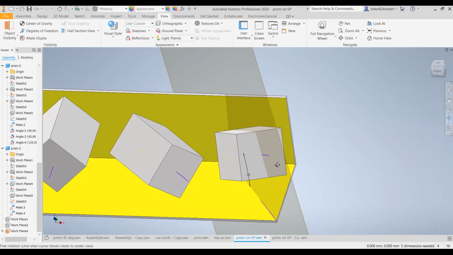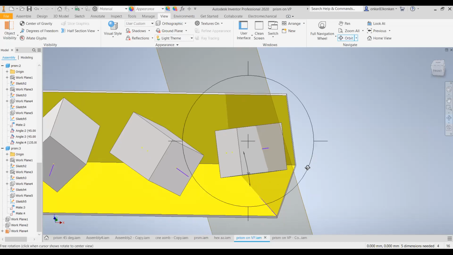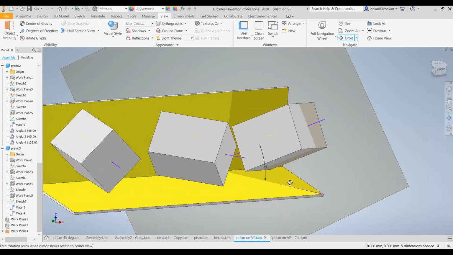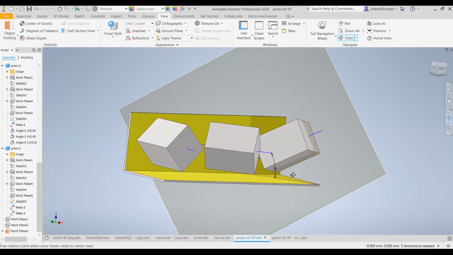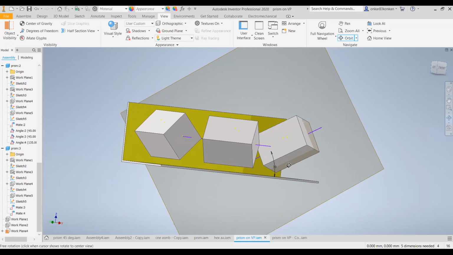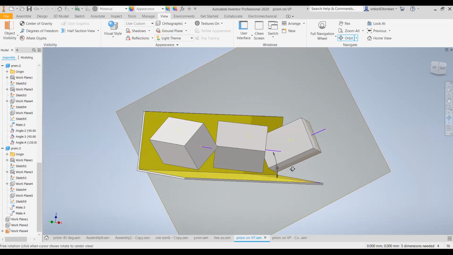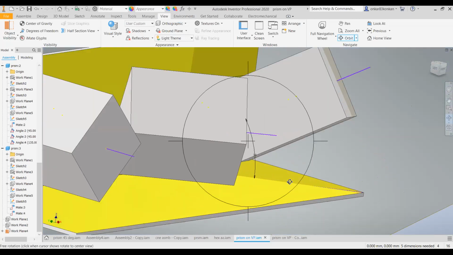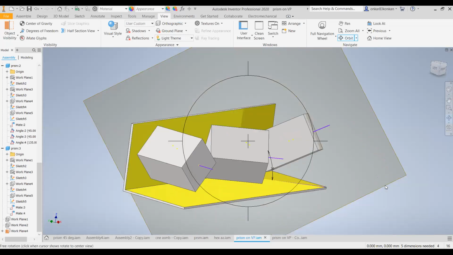So this is the direction for observation, if you want to observe the true inclination with the HP. So this is the proper direction to observe the true inclination.